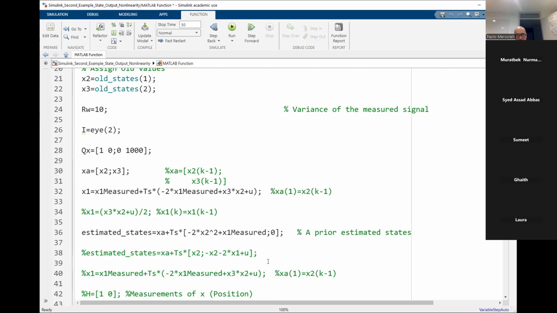Here is the prediction, or a priori estimation of the states. This 0 here states, I don't know if you remember, that x3 of k is equal to x3 of k minus 1, because it is not updated. I mean, this is the updated element of the vector. Look at this. This is the vector.